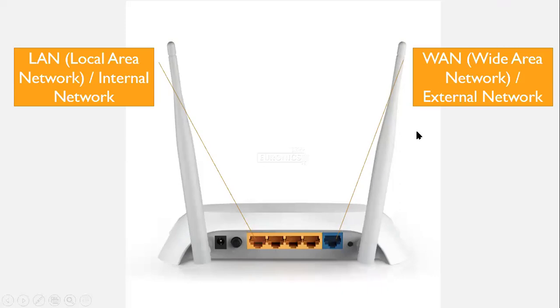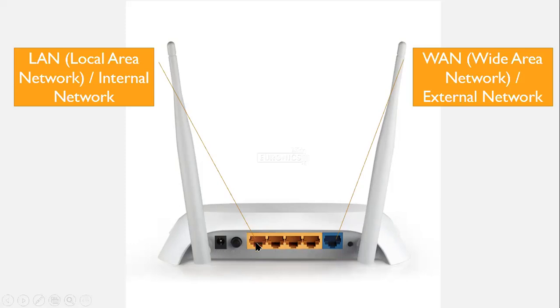This is called the WAN port. This is the WAN port in your router, and these are called the LAN ports. Usually they are labeled, so if you read the back of your router, it says WAN.